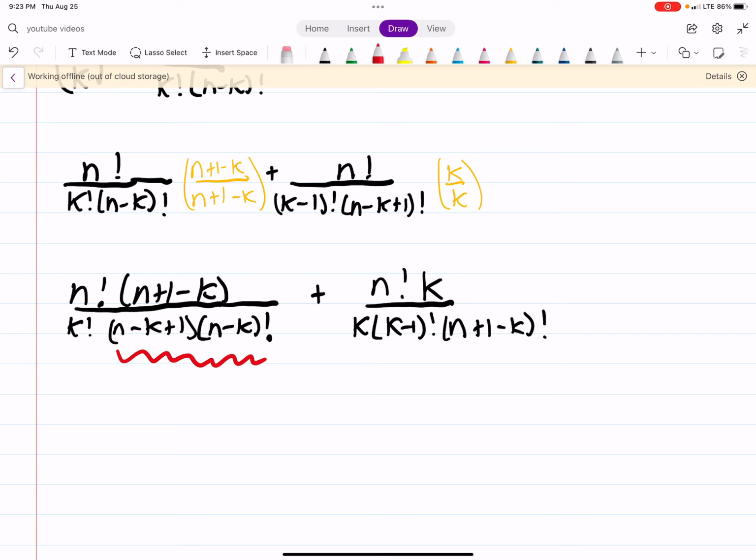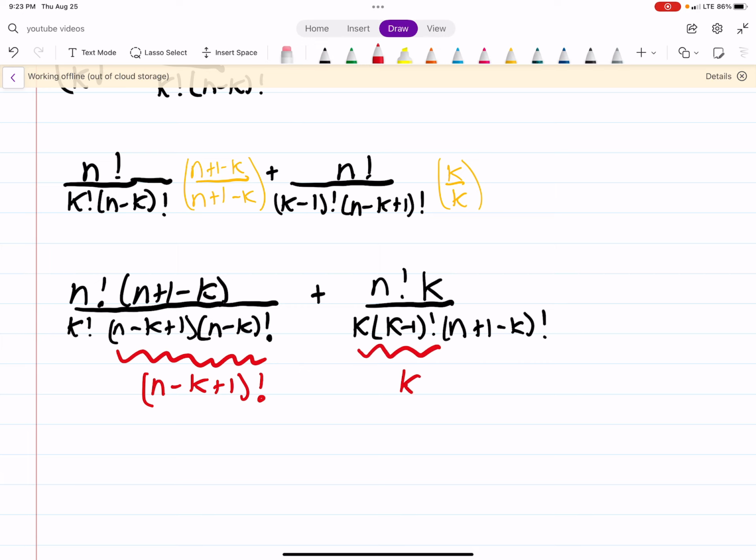So this whole thing is n minus k plus 1 factorial, right? Because you're multiplying basically n minus k plus 1, and then the factorial is all the previous factors that are dropped by 1. So that's just that. And then over here, you can maybe see it's the same thing.